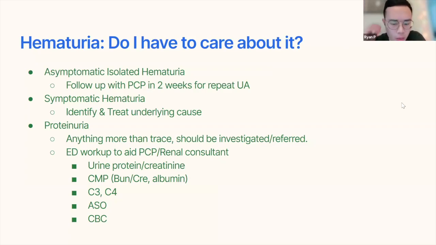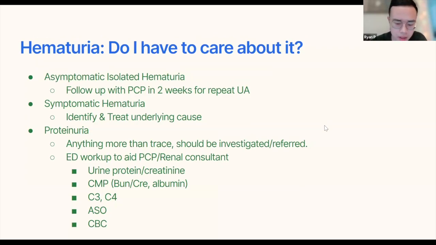Quick question. What is your threshold for getting a CAT scan to evaluate for kidney stone in children? Pretty low. I can't recall that I've had a kidney stone kid less than 10 where I would kind of hedge on it.